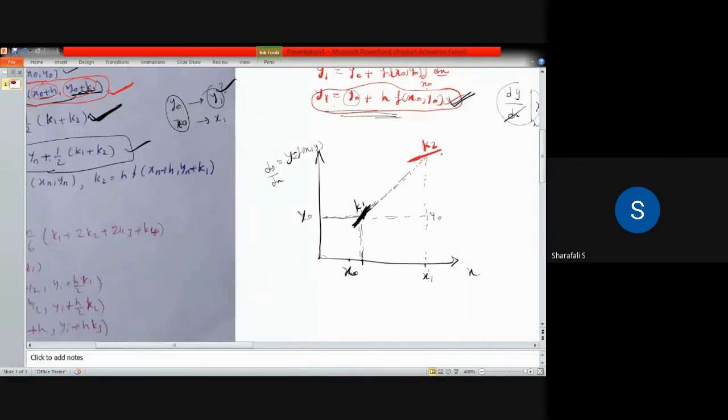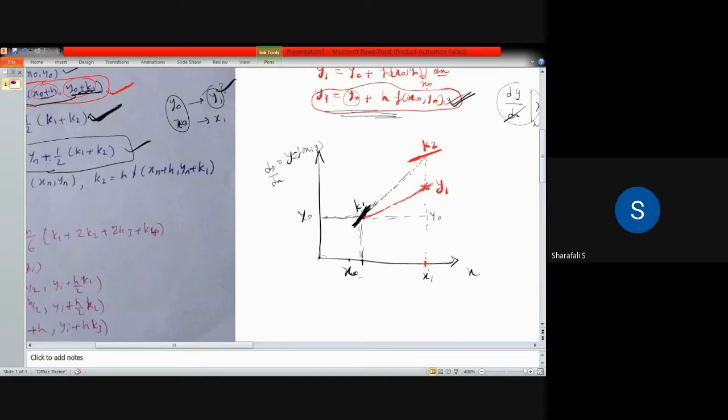And if you consider these two values, k1 and k2, and you know this slope, you have to project that slope into here, like this, and then extend that, and where it is meeting the value at x1, that will be your y1.